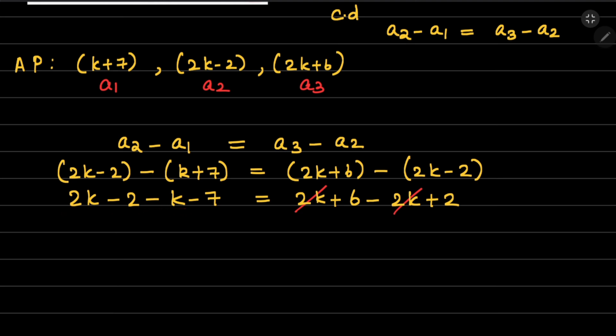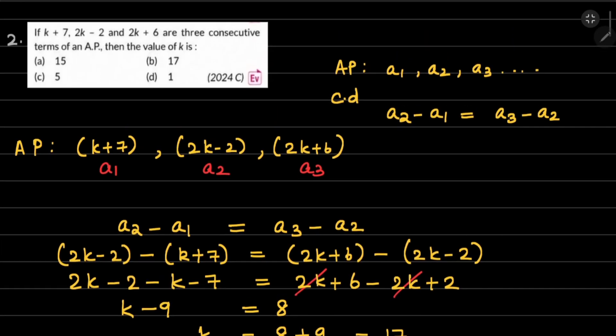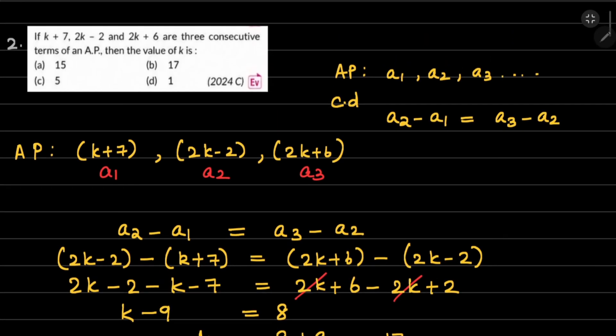It is just K. So K minus 2 minus 7, which is minus 9, is equal to 6 plus 2, which is 8. So K is equal to 8 plus 9, which is equal to 17. So the correct answer is K is equal to 17.